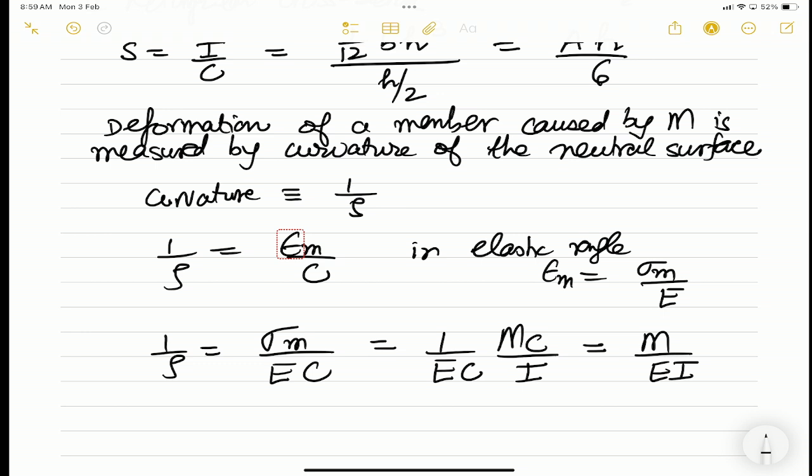So, that is what gives you how much the curvature will be. Given the member, the material and the geometry of the beam, you can find how much the curvature is.